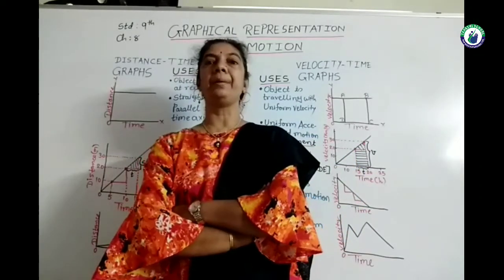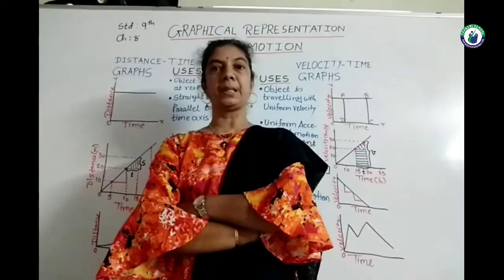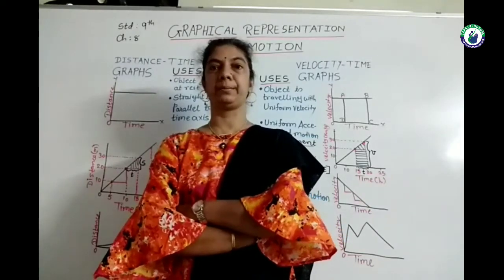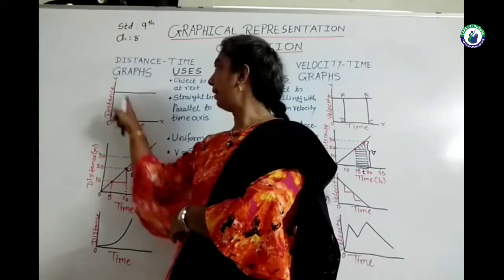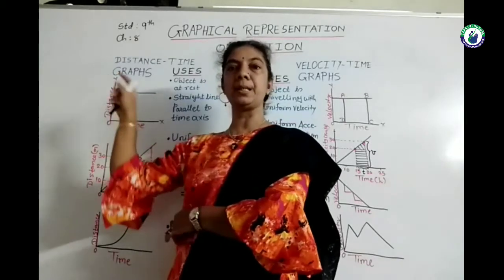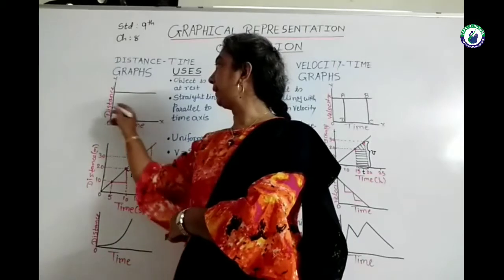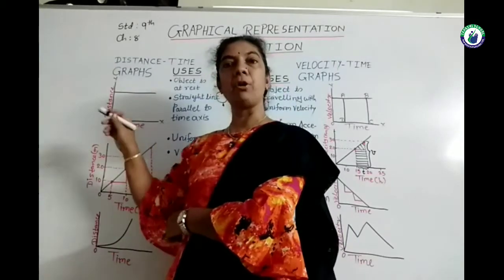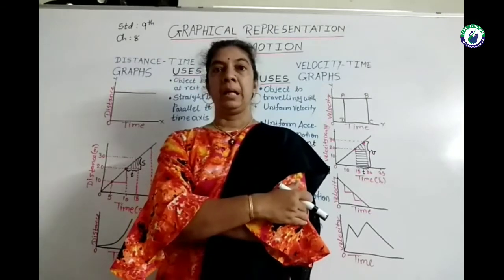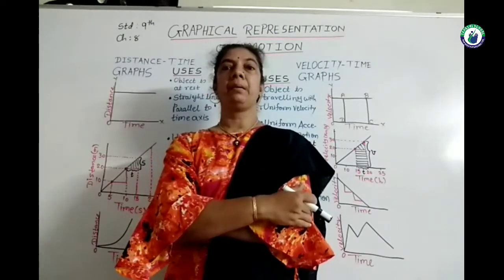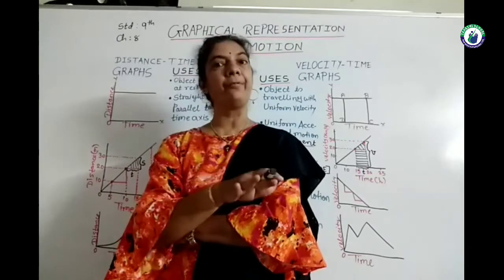As you do in mathematics, graphs contain two axes. X-axis is this line and y-axis is this vertical line. These two axes intersect at origin O. This is the fundamental that first of all we are supposed to draw in every graph.